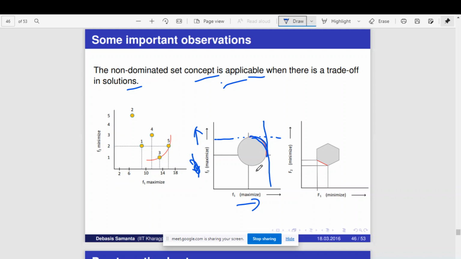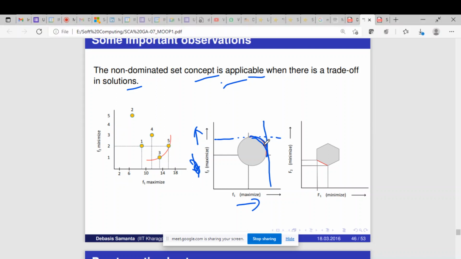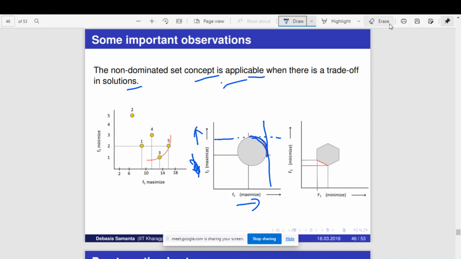Do you get it? So this is the Pareto optimal front, and the set of solutions lying on it will not be dominating each other.